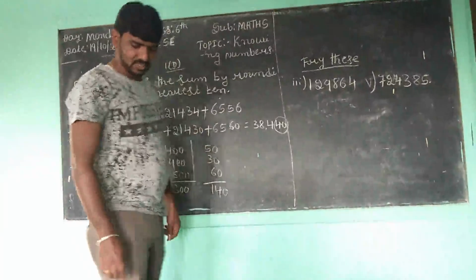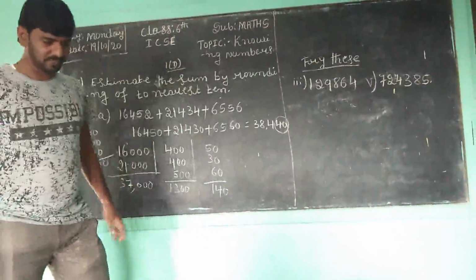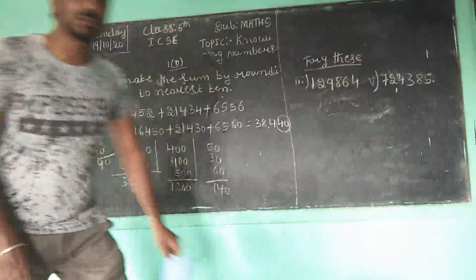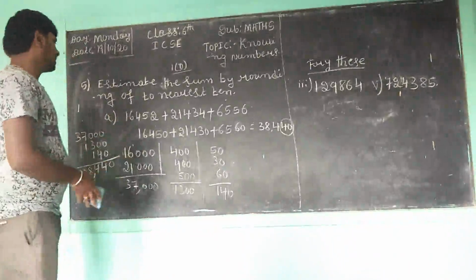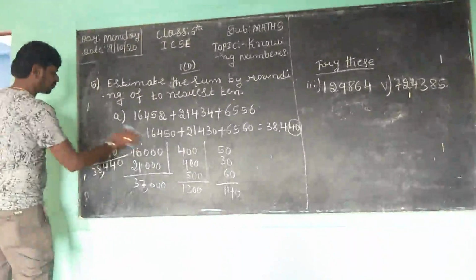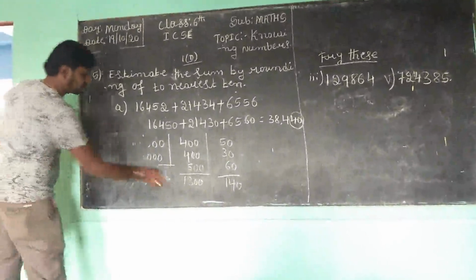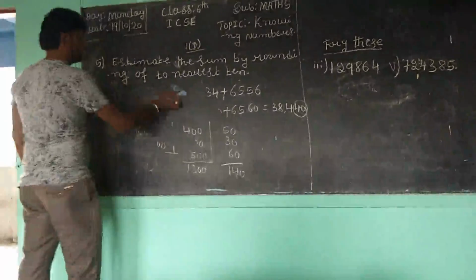Children, next we want to take another sum. Shall I write this one? Children, you want to take the next sum.